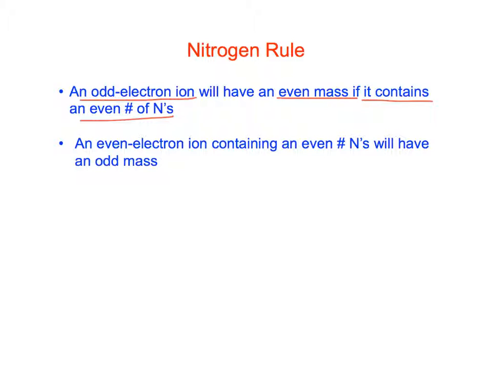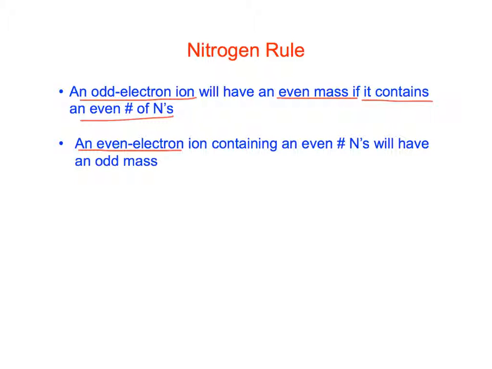The odd electron ions will have an even mass. And then the converse is true. If there's an odd number of nitrogens, the odd electron ion will have an odd mass. The even electron ions, which are generated through fragmentation, are just going to be opposite.